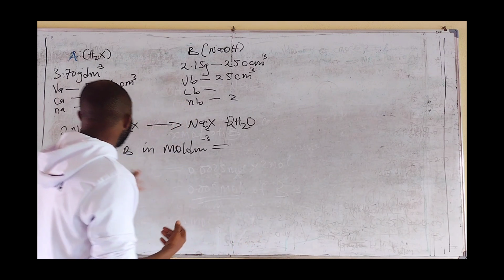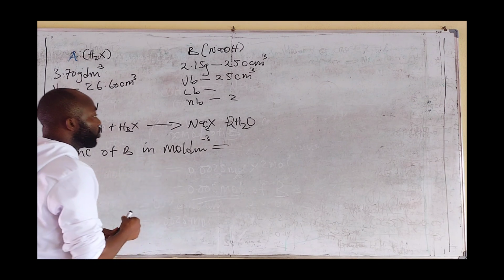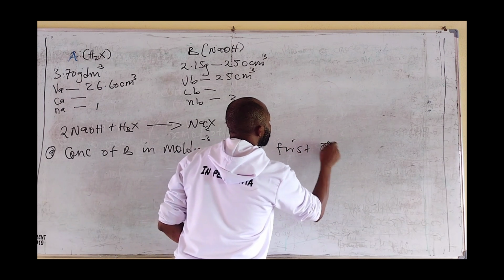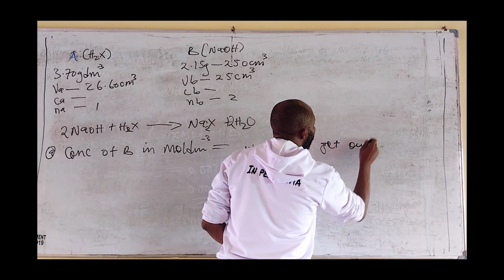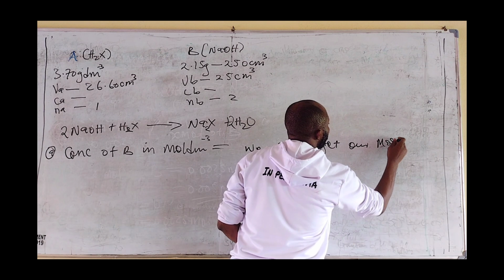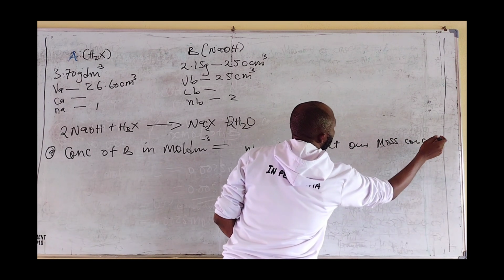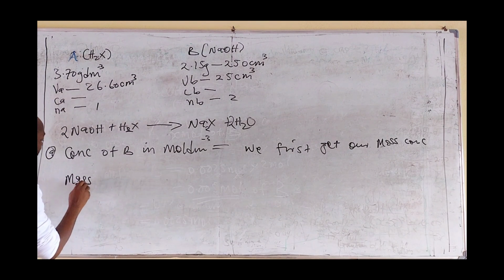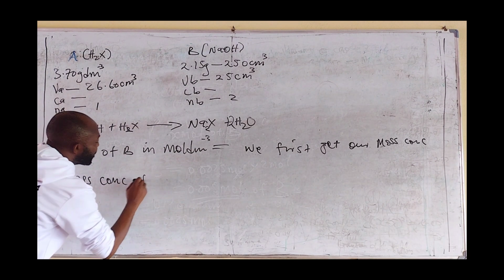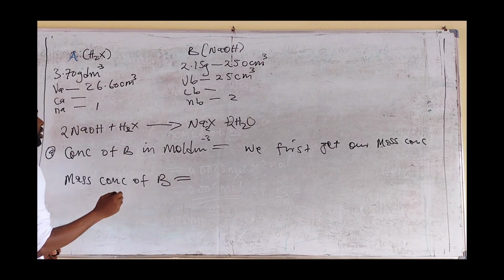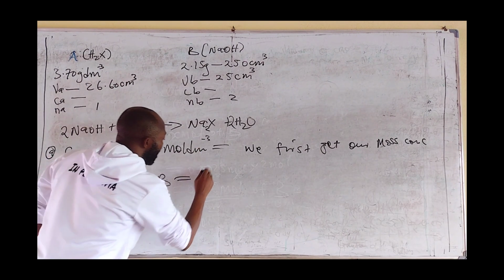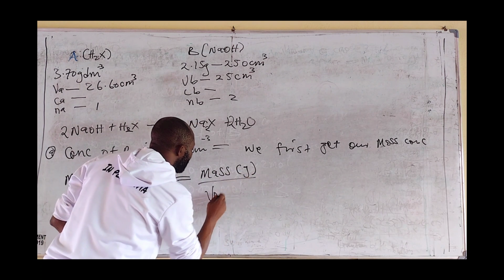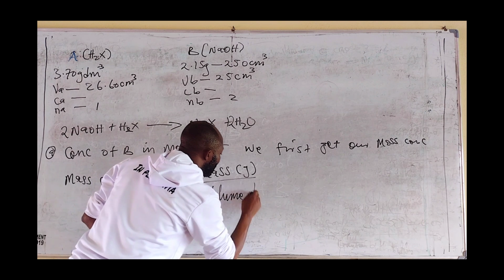So let's see that. Concentration of B in mole per dm³, we first get our mass concentration. Mass concentration of B is equal to mass in gram over volume in dm³.